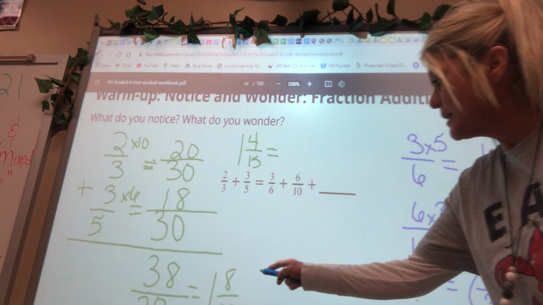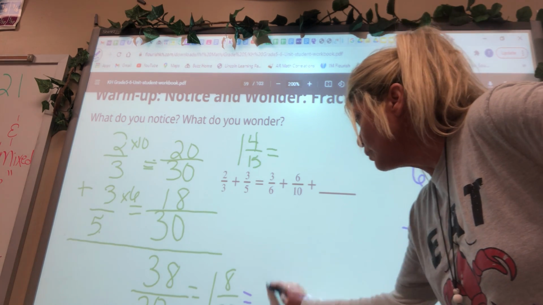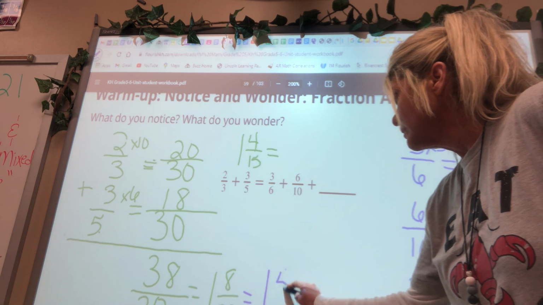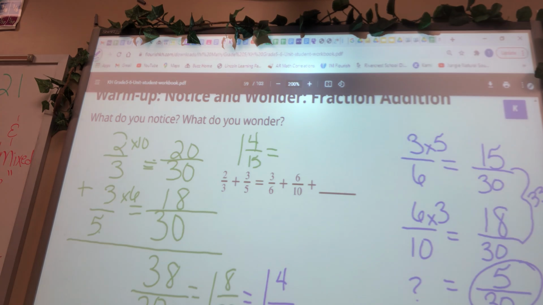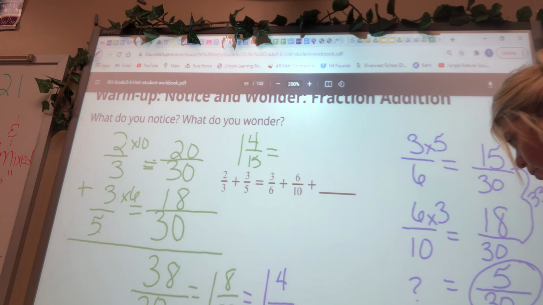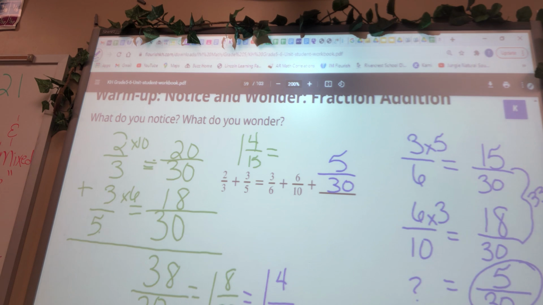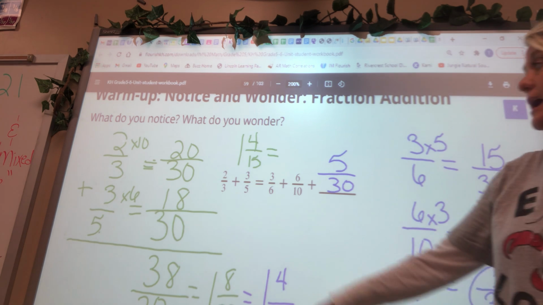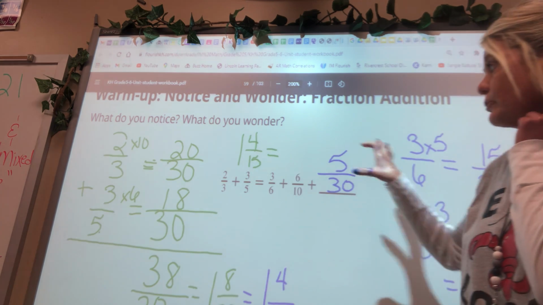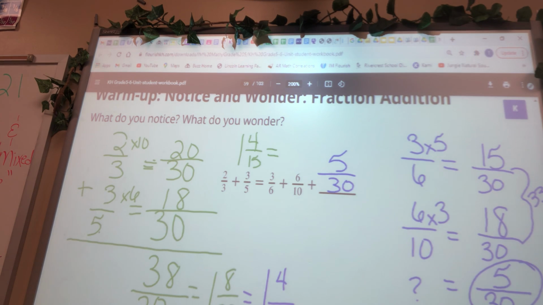And if we simplify this one, we get 1 and 4/15. Wow, look at that. So what number made this equivalent? 5 30ths.